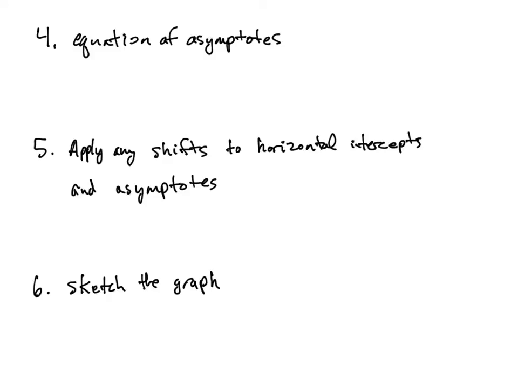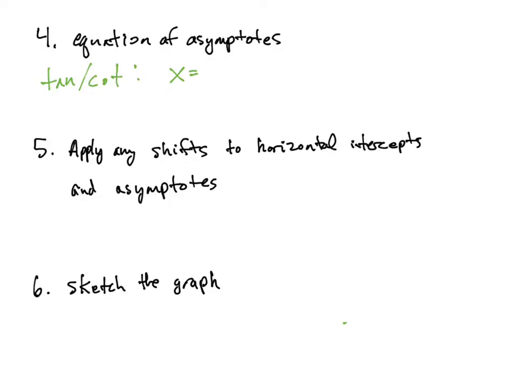So we want to come up with an equation for the asymptotes. For tangent and cotangent, we do this in the same way. Because the asymptotes are vertical, the equations are always going to be x equals. We're coming up with equations of vertical lines. So to find the asymptotes, there's a few different ways you can do it.